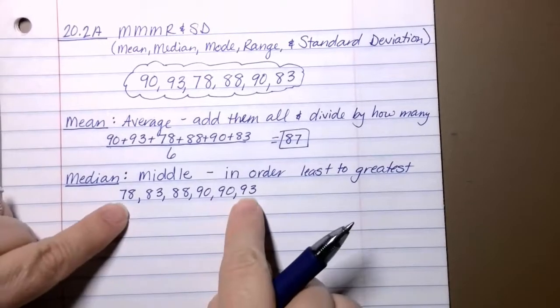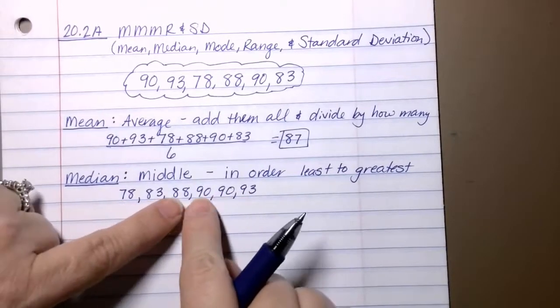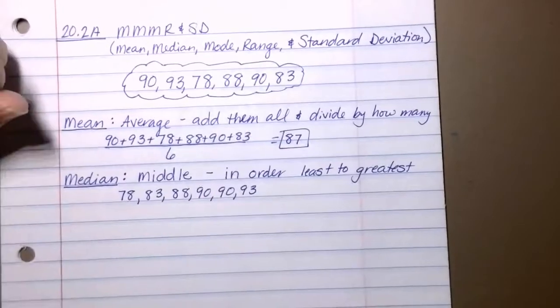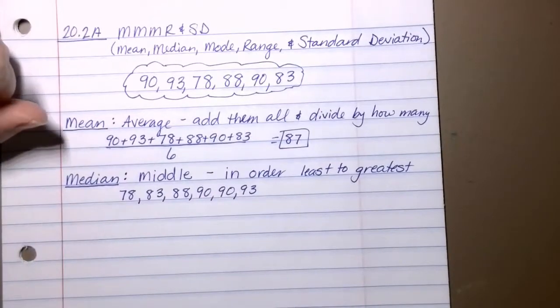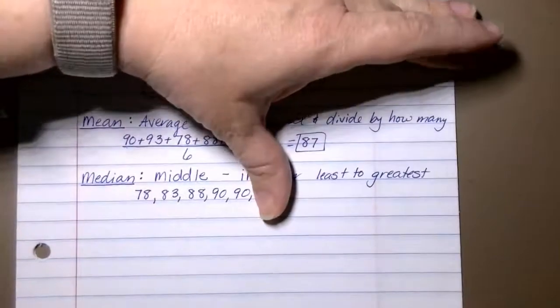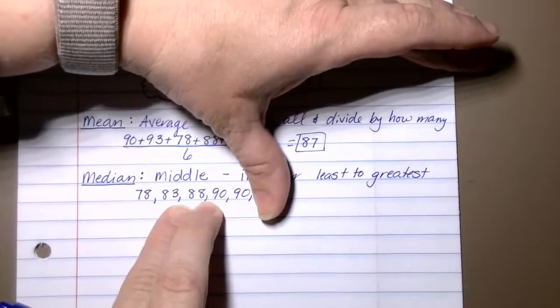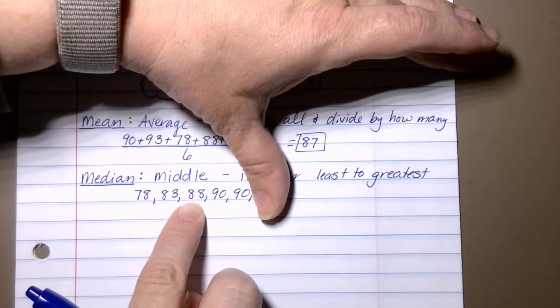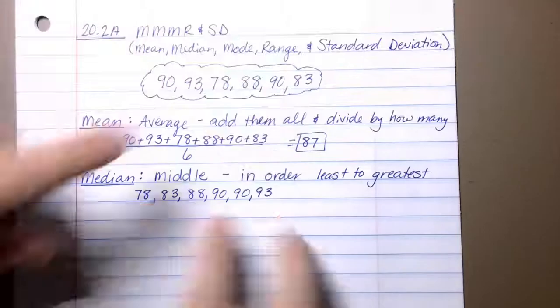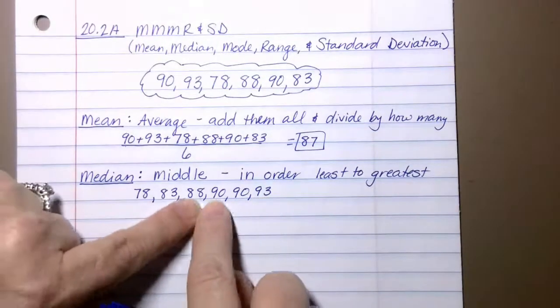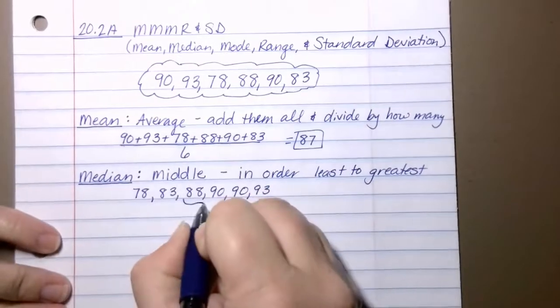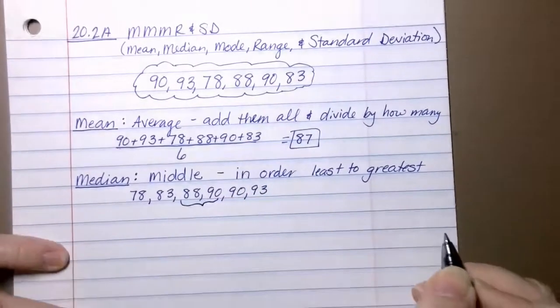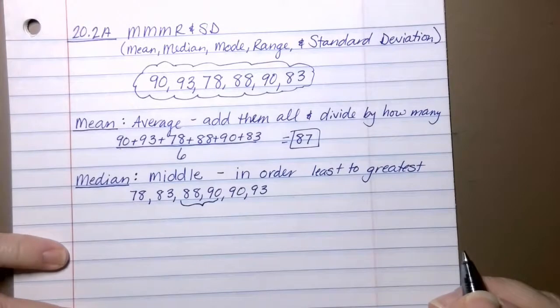Now that I have them in order, I can identify what's in the middle. Unfortunately, because I have 6 numbers, there's not something directly in the middle. If I took off the 93, what would be in the middle here? 88. 88 would be my median. But if I have something like this, I have 2 numbers that are kind of shared in the middle. So, how do I find my median when I have 2 numbers in the middle?